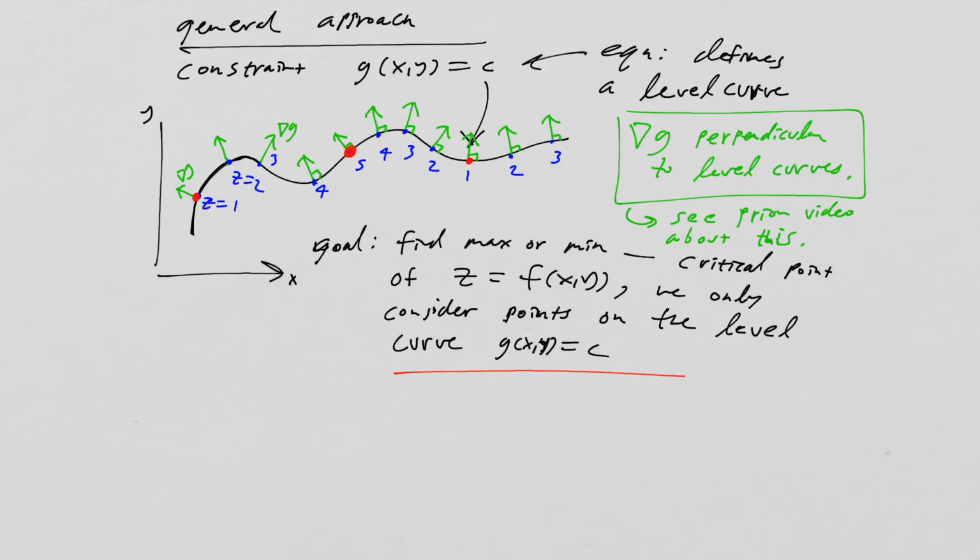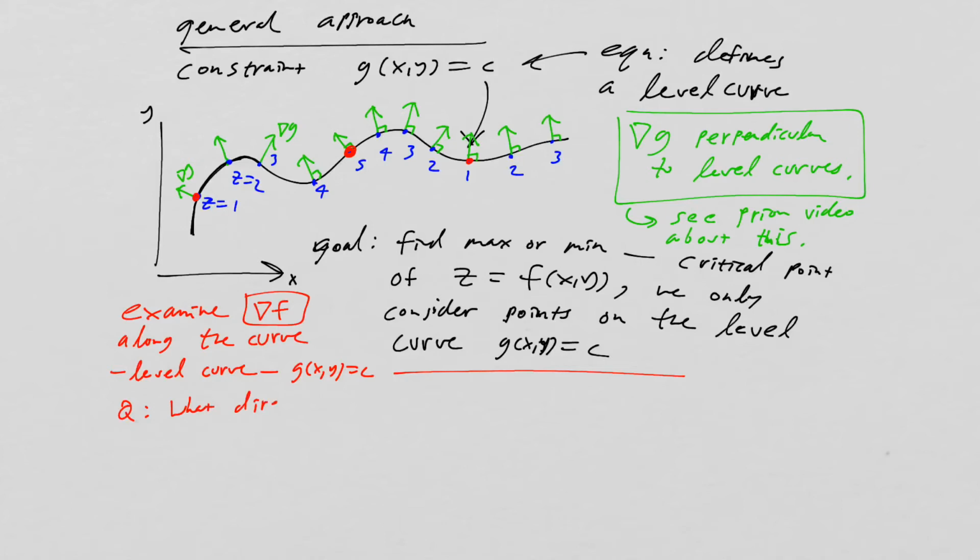So what we want to do now is examine grad f along the level curve defined by g of x comma y is equal to c. All right, so we want to know what direction this points. So the question we have is, what direction does grad f point along the curve?